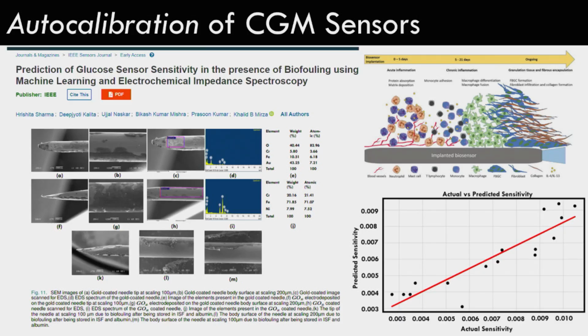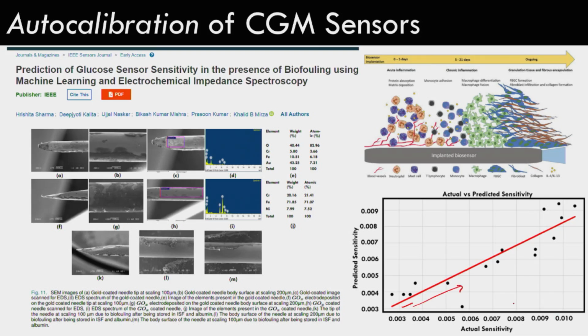This is one of our publications from our group, where we tried to probe the surface of the sensor using electrochemical impedance spectroscopy, and then whatever parameters you are getting from the EIS, you prepare a data set and link it to the sensitivity, and then you can attempt some sort of a prediction with respect to days.